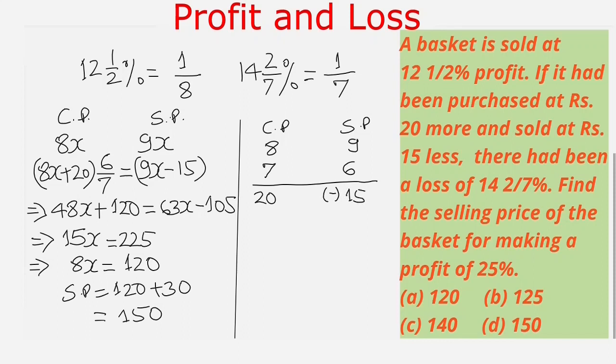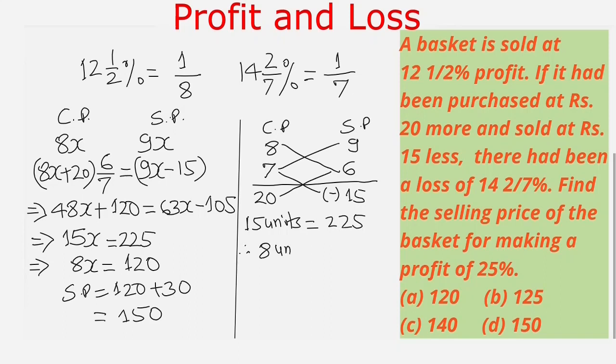Now we do the cross multiplication. 9 times 7 is 63, minus 8 times 6 is 48. 63 minus 48 is 15 units, is equal to 6 times 20 is 120, minus 7 times minus 15 is 105. So 120 minus minus 105 is 120 plus 105, which is 225. Therefore, our cost price was 8 units.